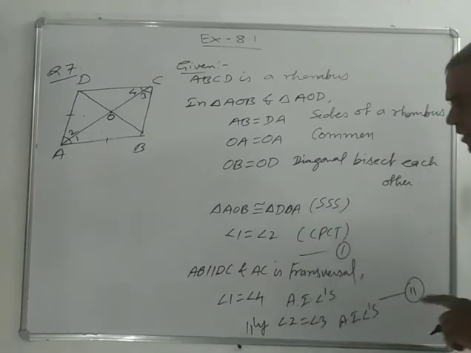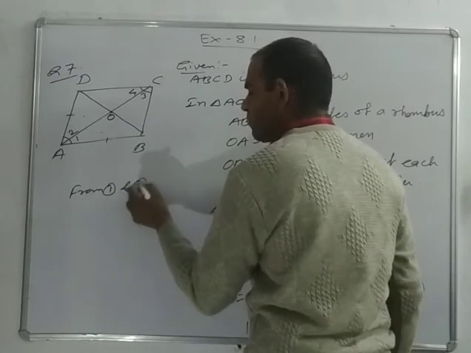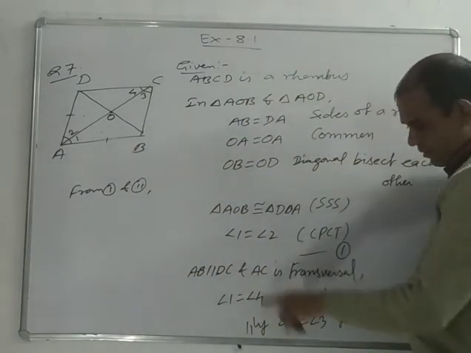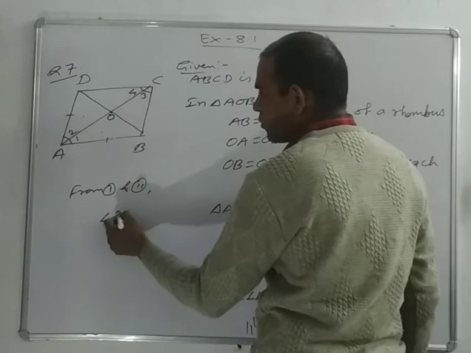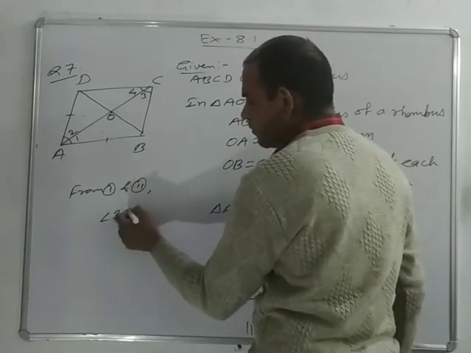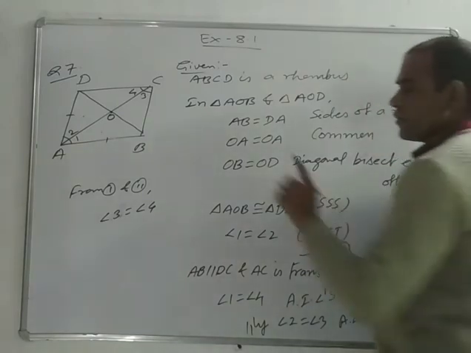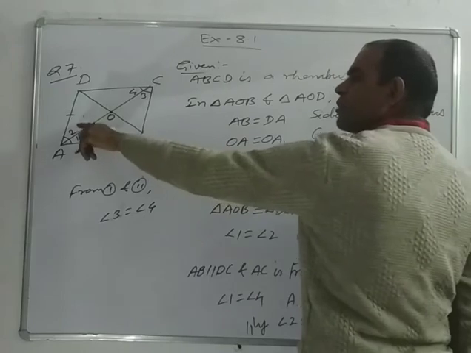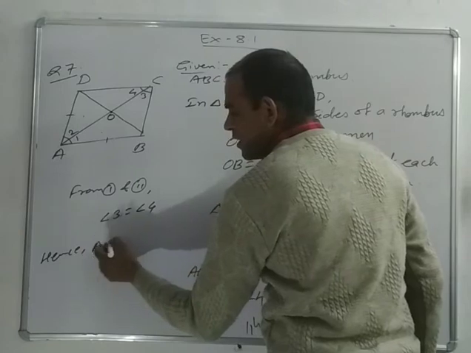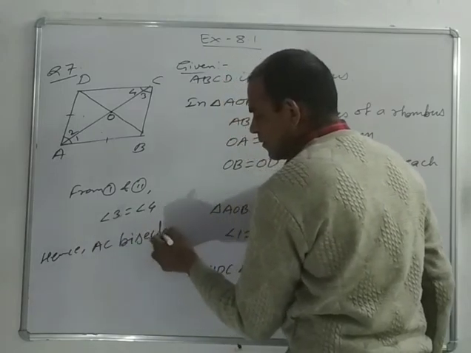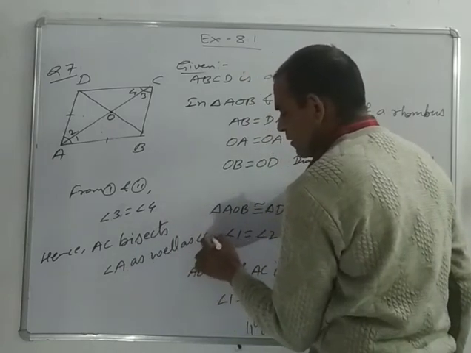So angle 3 equal to 4. So angle 1 equal to 2 and 3 equal to 4. Hence AC bisects angle A as well as angle C.